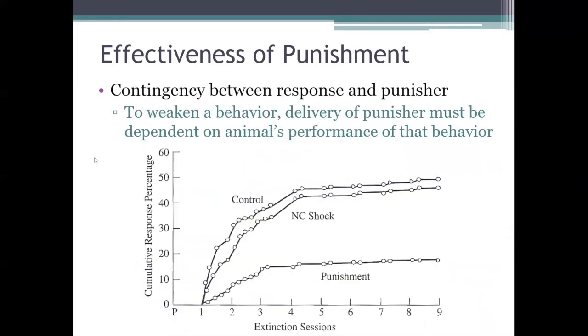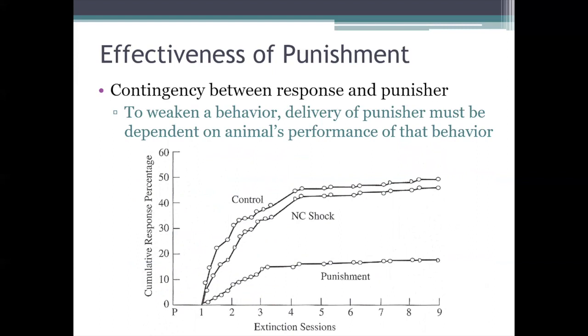And we could say the same kind of thing about the contingency between a behavior and a punisher. The stronger that contingency is, the more effective the punishment. So, non-contingent punishers are typically ineffective. And you can see that in this graph, which is also from your book. So in this one, this NC group received non-contingent shocks.